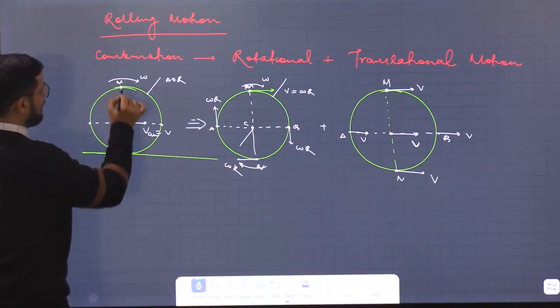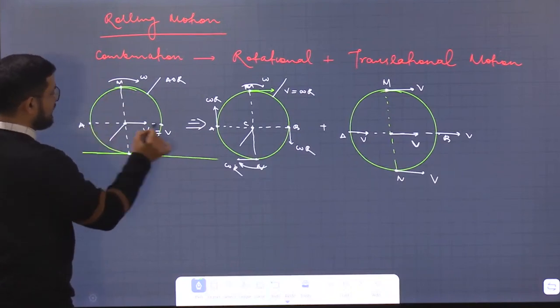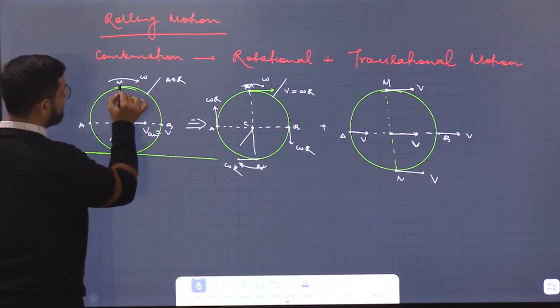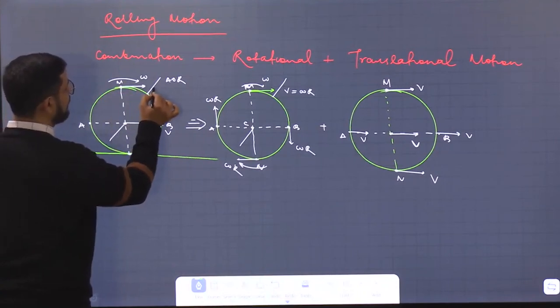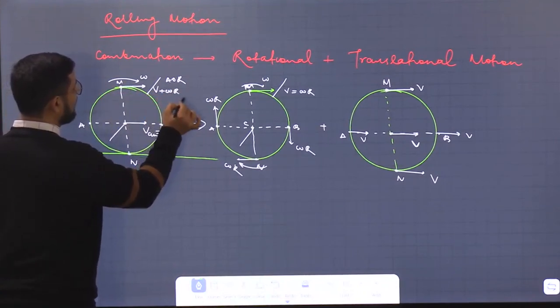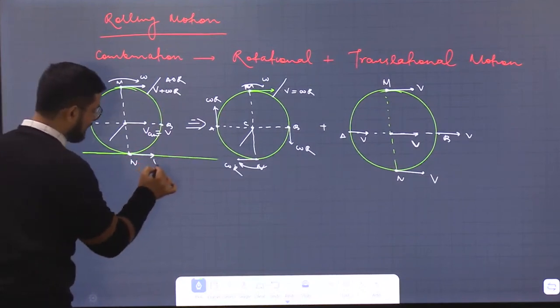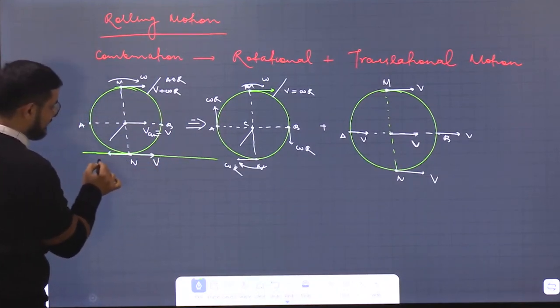So let's say this point was M, N, A, and B. This point M has the velocity V plus omega r. This point will have one component in the rightward direction, that is VCM, another in the leftward direction, that is omega r.